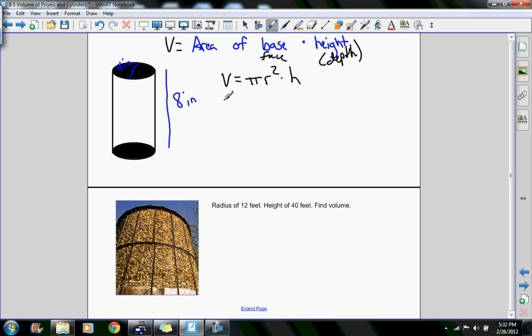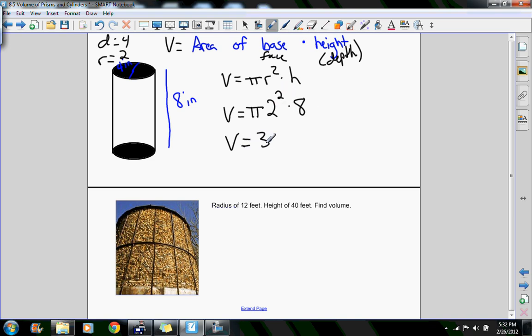So here, the diameter is 4, so the radius has to be 2. So I would go pi times 2 squared times the height of 8, which would give me 4 times 8, which is 32.